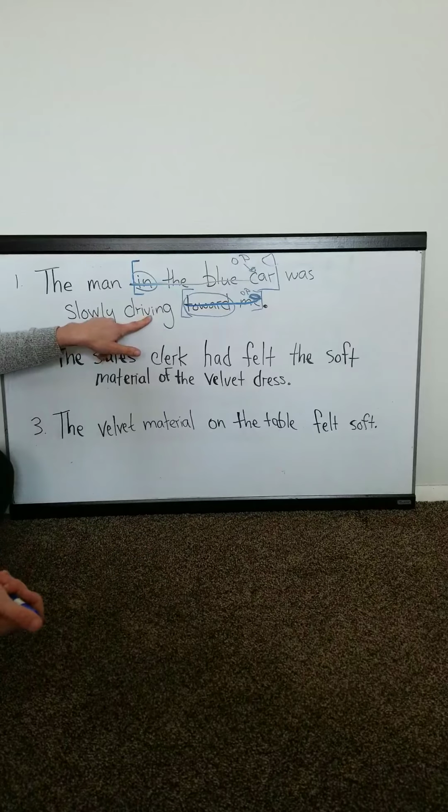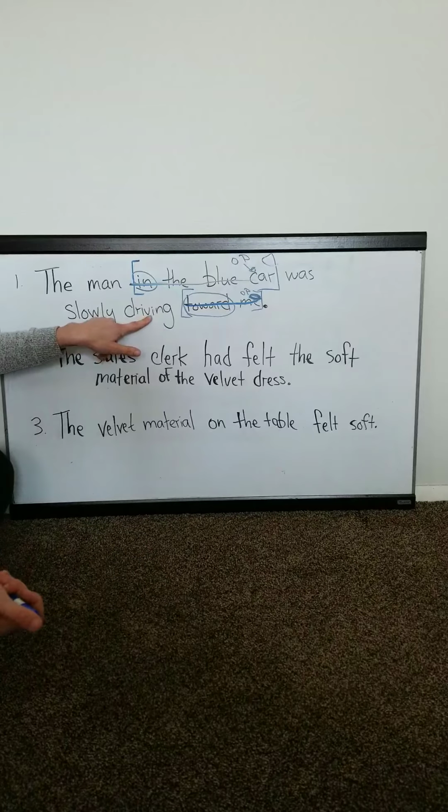I'm looking. Oh, had is a helper. Had felt is my verb phrase here. 2 words. It doesn't look like there's any interrupters. It doesn't look like it's a compound verb phrase with another action. It's just together like that.